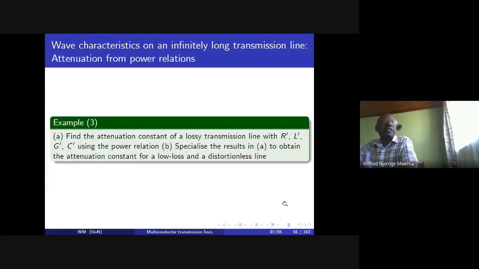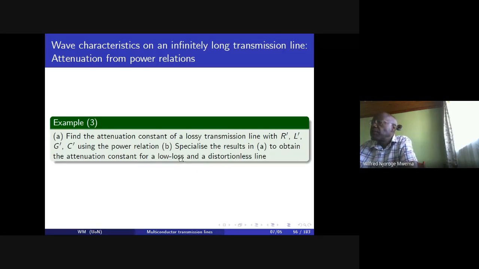So, example 3 then. Find the attenuation constant of a lossy transmission line with R prime, L prime, G prime, and C prime using the power relation that we have just seen, and specialize the results in part A to obtain the attenuation constant for a low loss and a distortionless line. So we have two tasks to do. First of all, we get an expression for the attenuation constant, and then we specialize that expression for two cases.